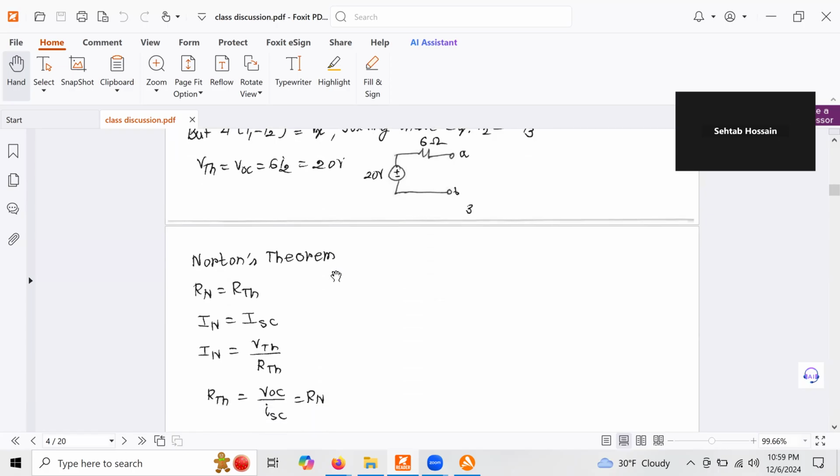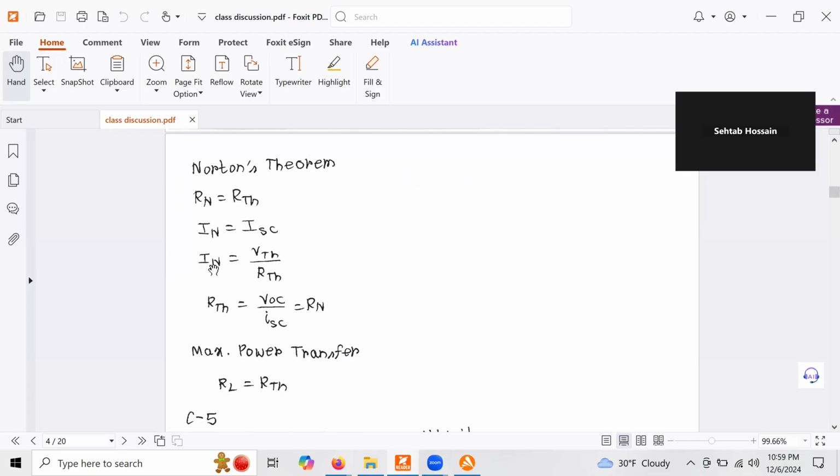Okay, now Norton's theorem. In Norton's theorem, we calculate R Norton, which is equal to R Thevenin. And instead of VThevenin, we calculate the Norton current, which is basically the short circuit current across the load terminal. So we can express IN equals V Thevenin over R Thevenin.